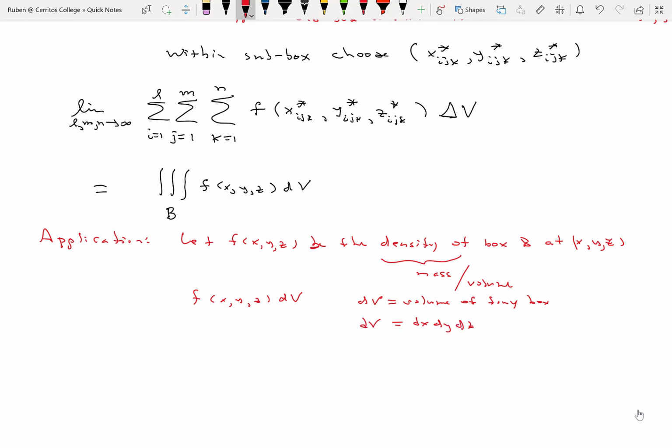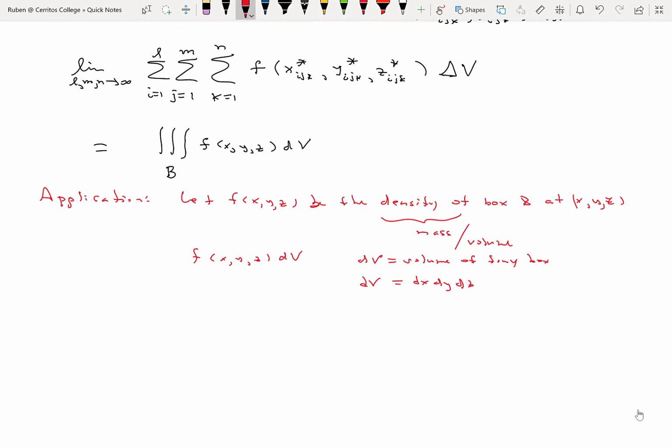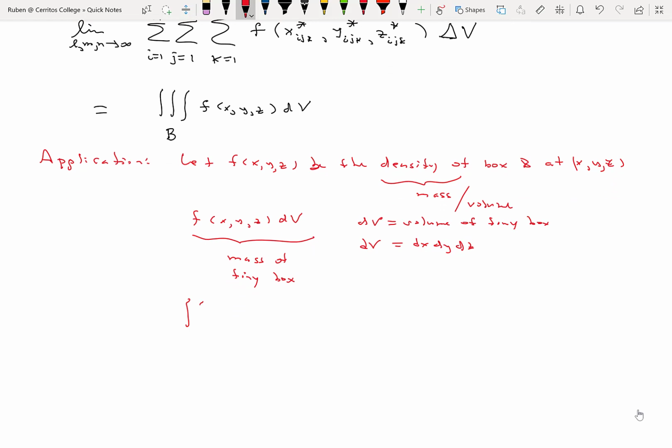This is a very common physical interpretation. So f of x, y, z dV, the mass per unit volume times the volume, gives you the mass of the tiny box, so that when you sum up in each direction over the entire box B the mass of each of the tiny boxes, it gives you the entire mass of the box B.